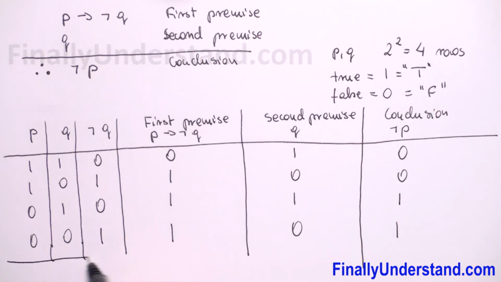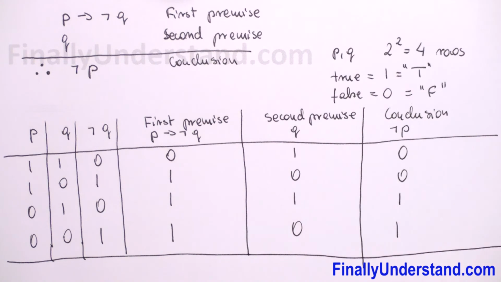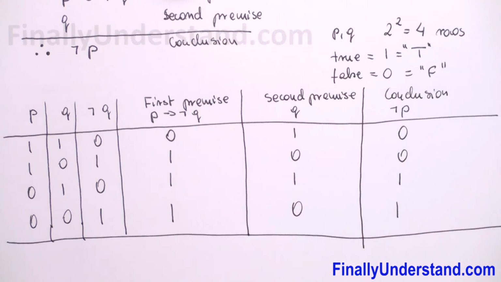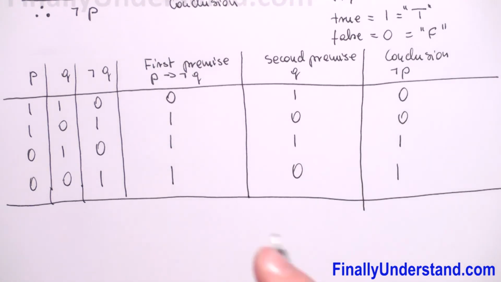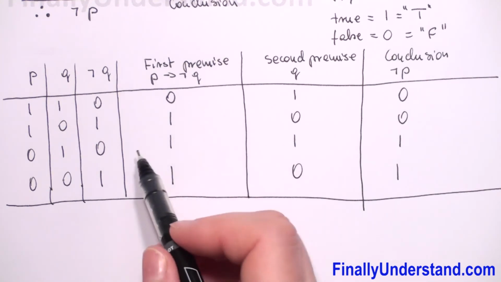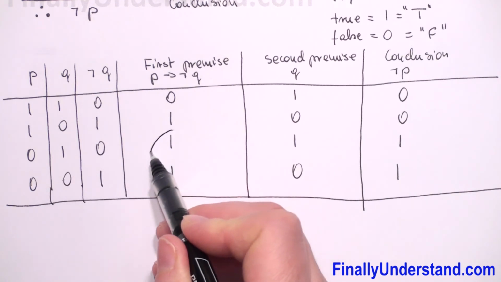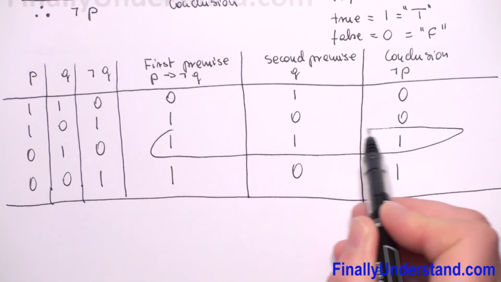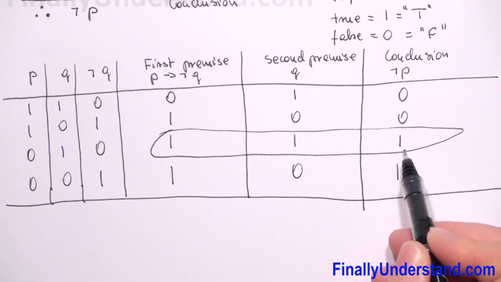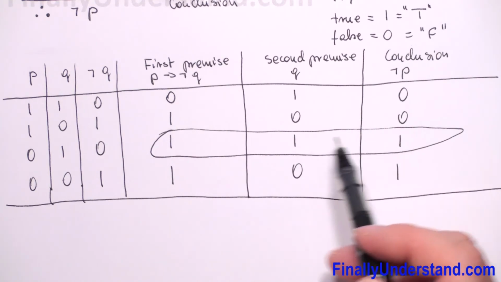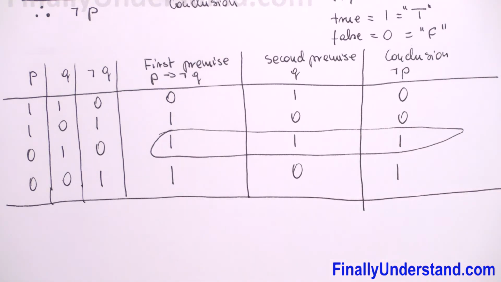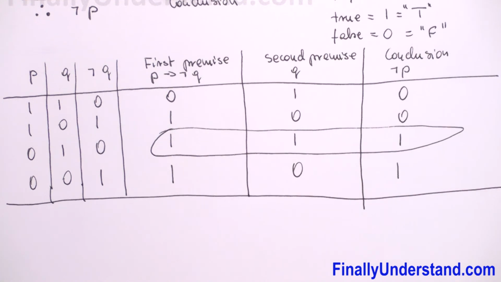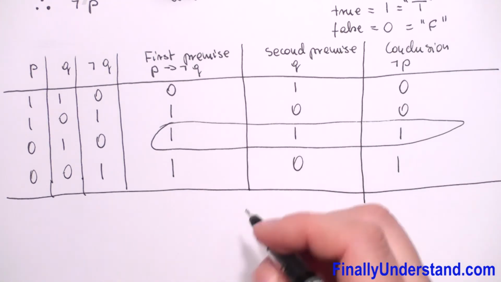So we have our truth table. Now we have to check our premises. We have true premises in the third row, and the conclusion is also true. Because the conclusion is true when the premises are true, it means that our argument is valid.